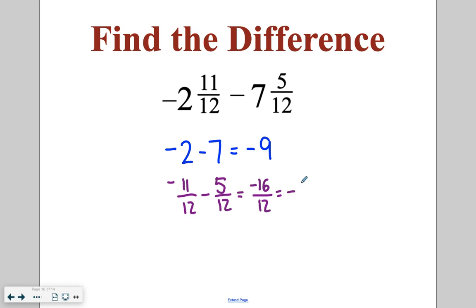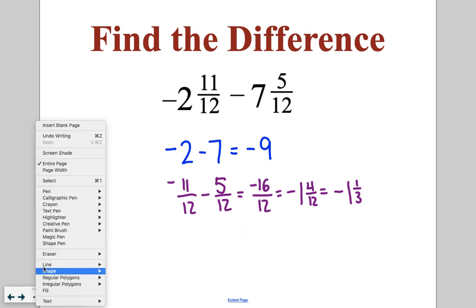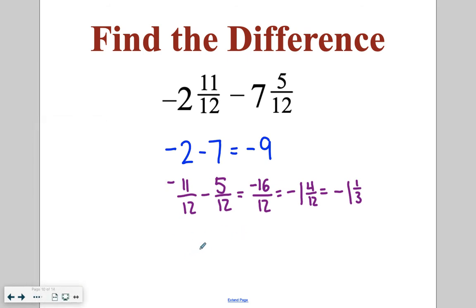So we've got -1 and 4/12. 4 and 12 can both be divided by 4, so I've got -1 and 1/3. Putting my final answer back together then, I've got -9 and then -1 and 1/3 for a total of -10 and 1/3.